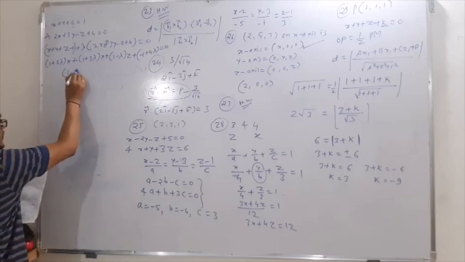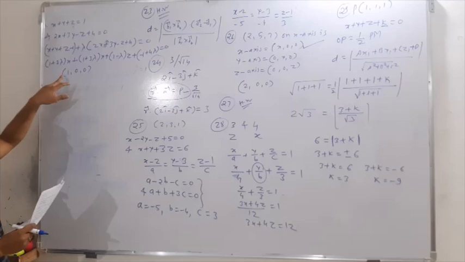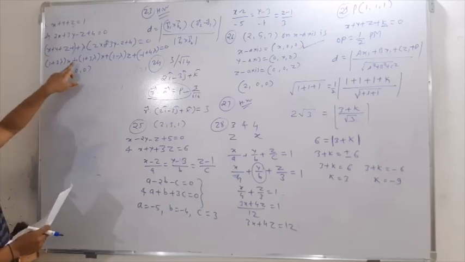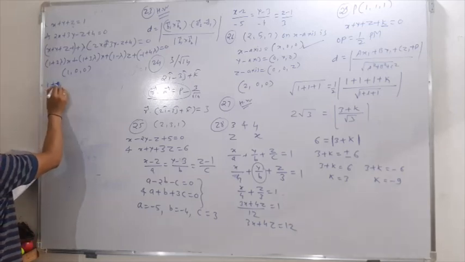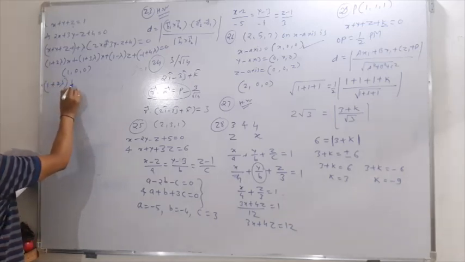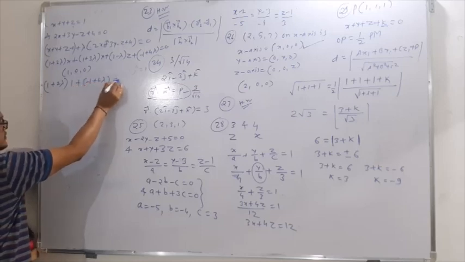X-axis. Therefore we have the point 1 0 0, because it is parallel to the x-axis. So here y will be 0, z will be 0, then what is left here? 1 plus 2 lambda into 1 plus minus 1 plus 4 lambda is equal to 0.